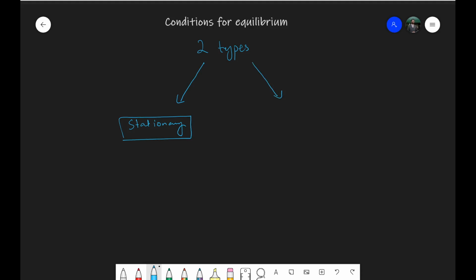And the second condition is doing what? It's helping the object to not rotate. And to prevent rotation, that second condition needs to be fulfilled.